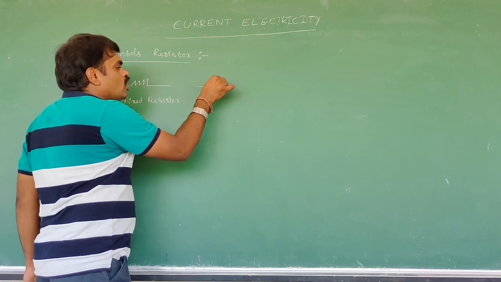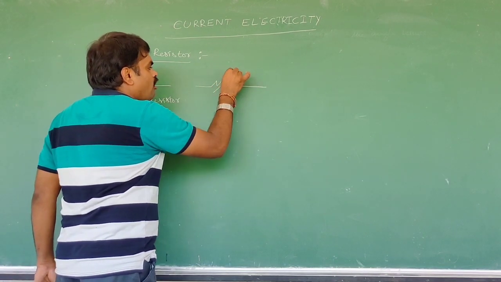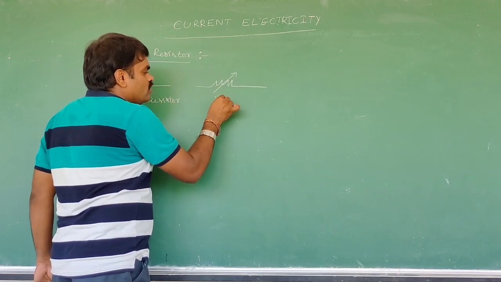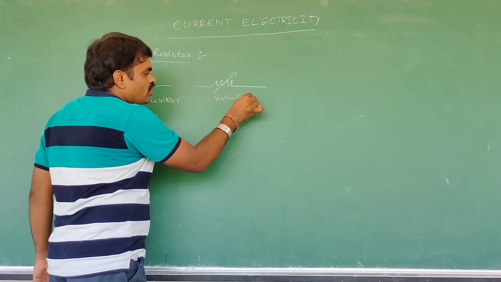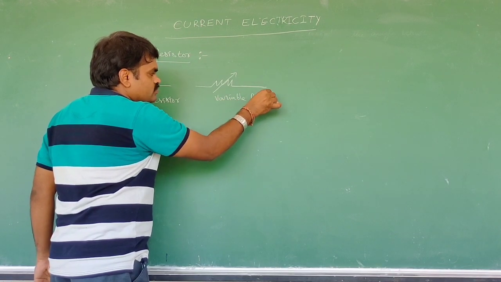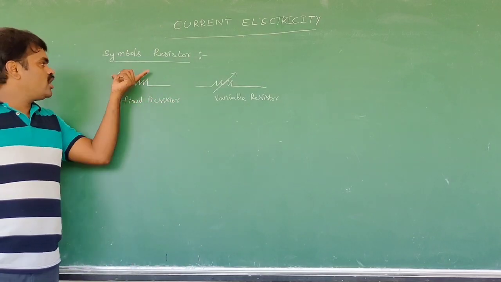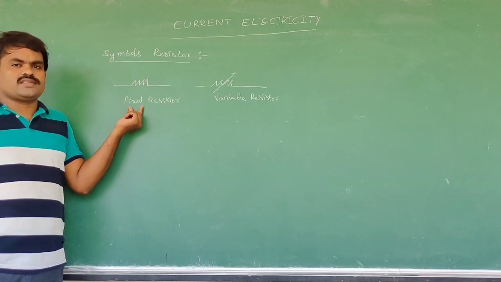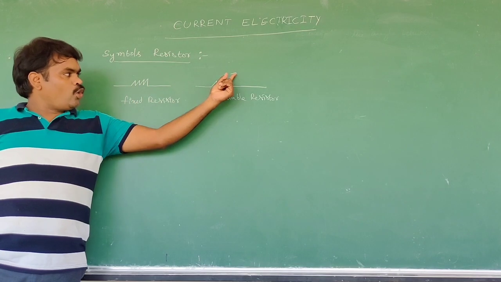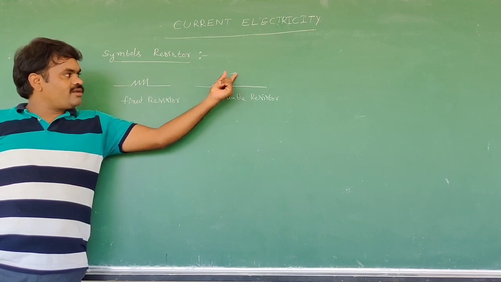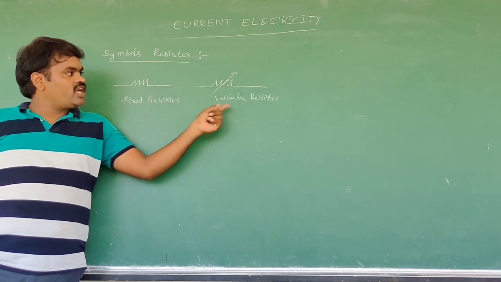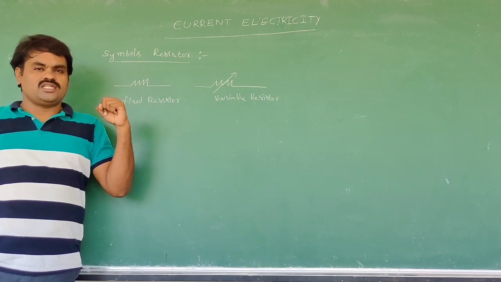Now this is the variable resistor. If an arrow mark is on the resistor, it is called a variable resistor.